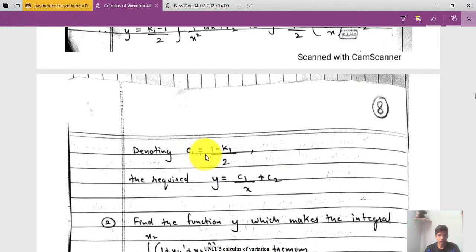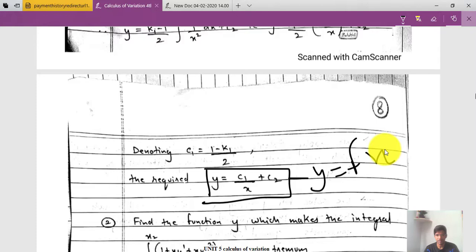Therefore, denoting c1 equal to (1 minus k1) divided by 2, the required solution turns out to be y = c1/x + c2, right? If you have an observation, is this equation not in the form y equal to f of x?